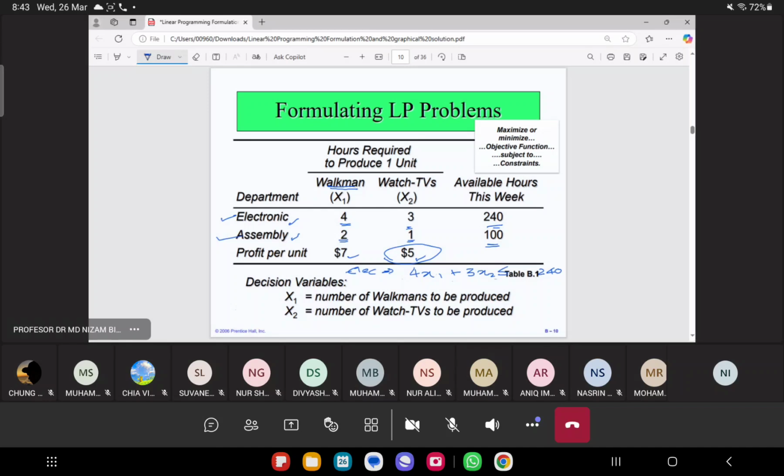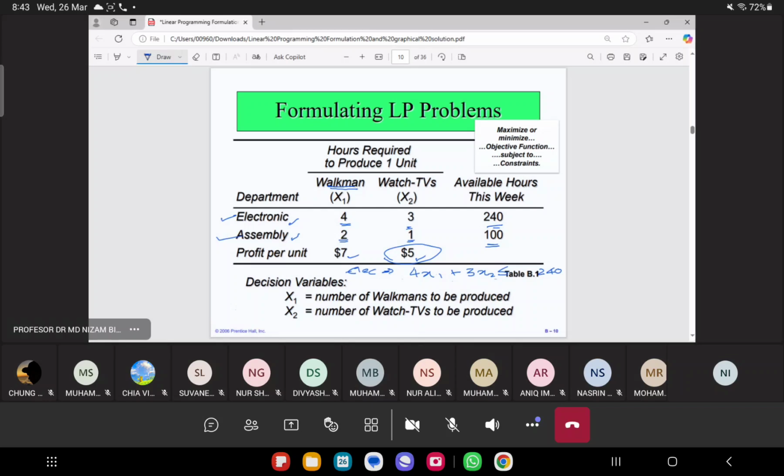To calculate the utilization of electronics department time is basically 4x1 plus 3x2, because for every single x1, which is Walkman, I'm going to utilize 4 hours. For every single Watch TV I'm going to utilize 3 hours of electronics time.